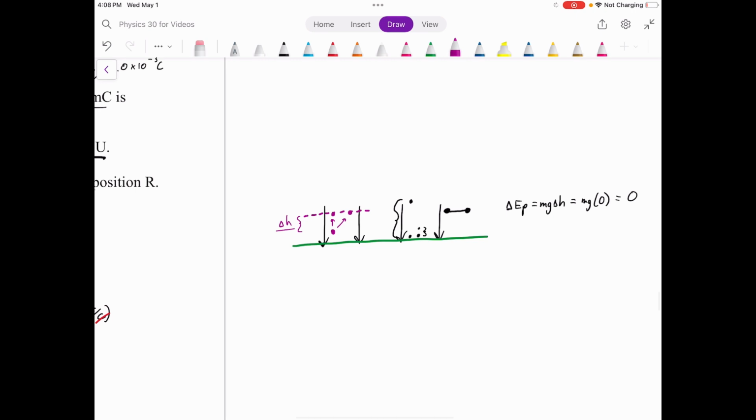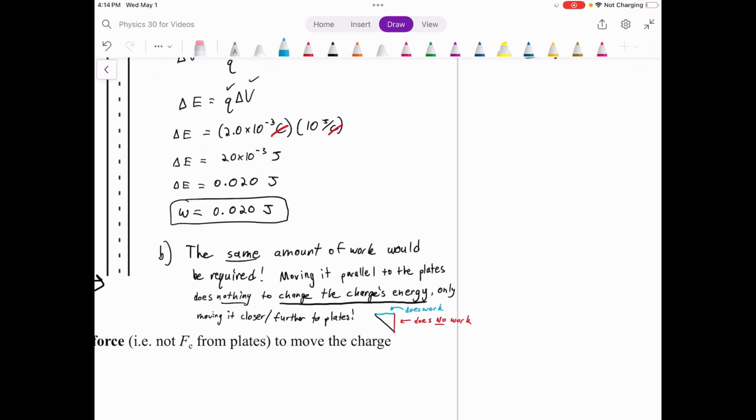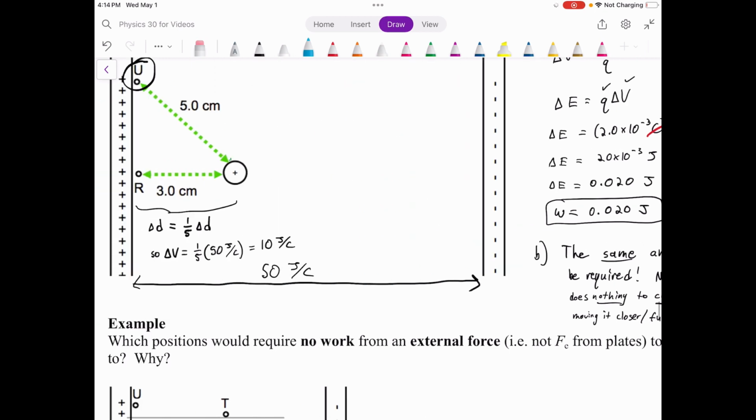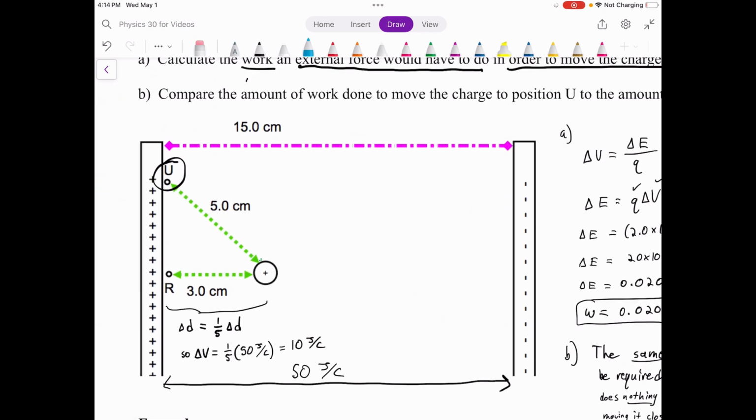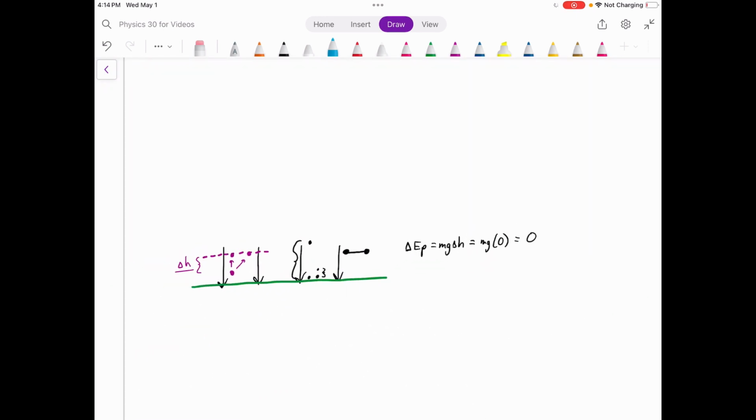Moving it parallel to the ground here, or perpendicular to the gravitational field, does nothing to change its energy. Okay, so just summarizing it there, right? Moving it parallel to the plates does nothing to change the charge's energy. Only moving it closer or further to the plates, in other words, moving it with or against the electric field, can change its energy, but not moving it parallel to the plates. The same way you studied in Physics 20 with gravity, right?